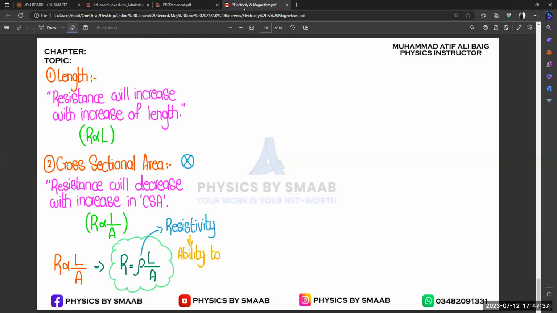Or it is better to write: property of a material to resist charge, right?